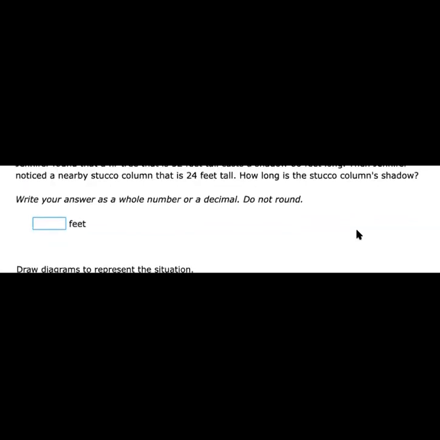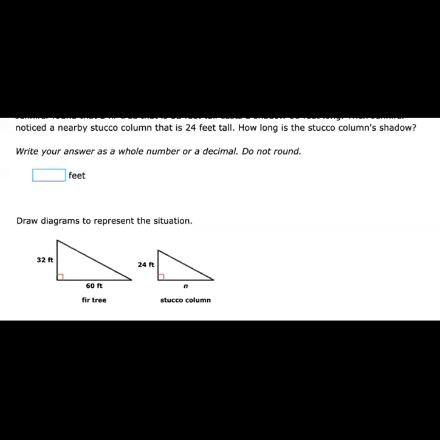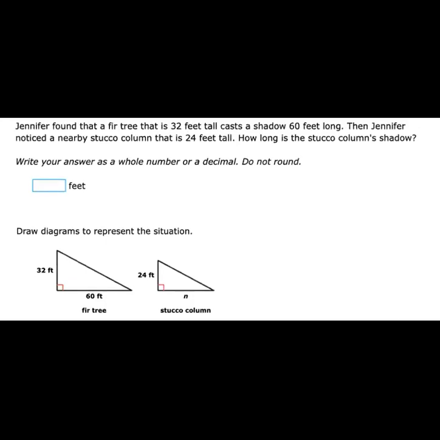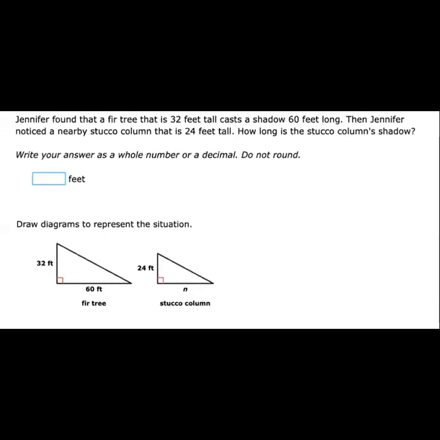All right, so first off, we want to draw diagrams to represent the situation. Okay, so that's this right here. So it's 32 feet tall, the first one. And then the second one is 24 feet tall. So that's going to be this side and that side right there. All right.